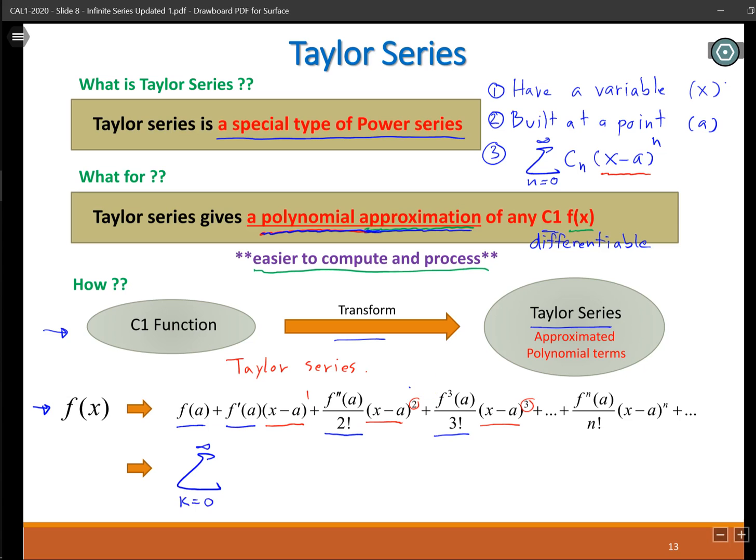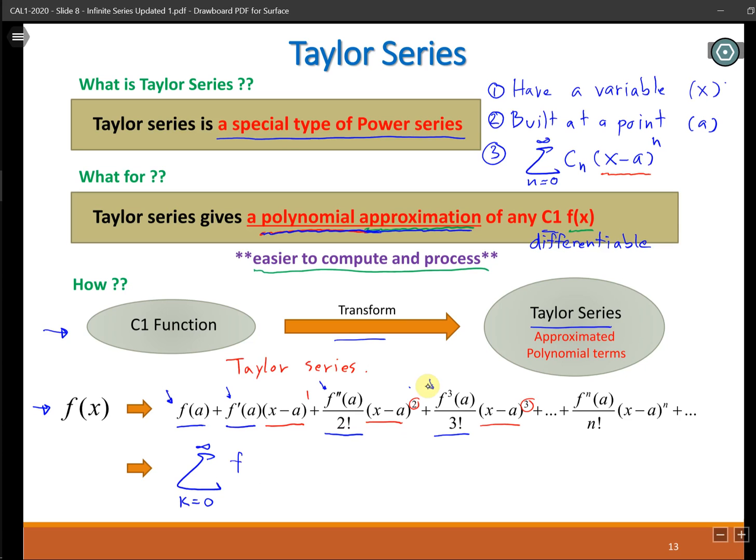Now let's find the next one for this compact form. As you can see here, for each term that we look at in the series above, we see this function, also function, and function, and function. So definitely we have this function evaluated at a. But it's not just that, because each one of them has different orders of derivative.